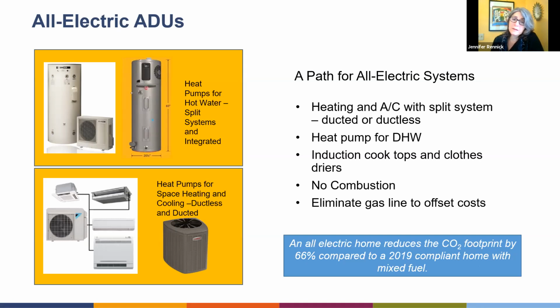And then there's a couple other things that folks are not always familiar with, but when it comes to drying your clothes, you can have clothes dryers that use the induction or heat pump technology. We also have electric clothes dryers that are available, and our cooktops. You can use electric resistance, but even better than that is induction cooktops.